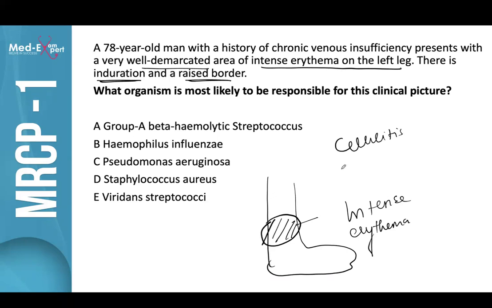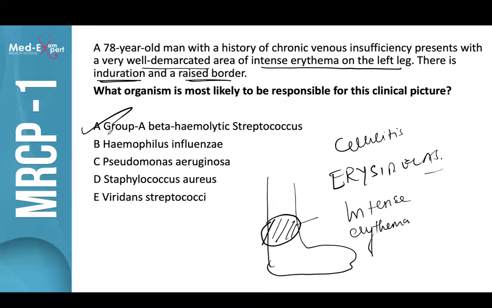In the leg, especially in people with venous insufficiency, it can be due to something called erysipelas. Excellent. Got it. Erysipelas. This erysipelas is typically due to which organism? Streptococcus pyogenes, or a group A beta hemolytic streptococcus.